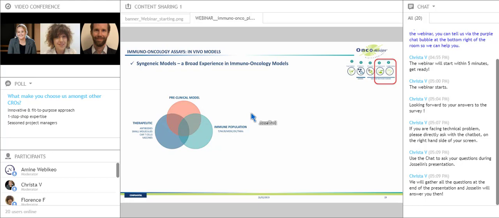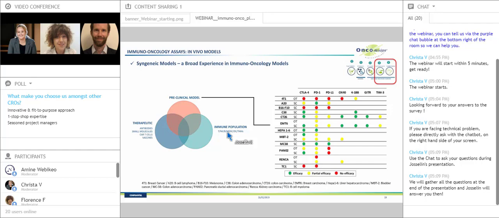And of course, the human population you want to assess and follow up during the process. So at Oncodesign, we have a broad experience in immunology models. I don't have a precise number, but I think we have dealt with hundreds and hundreds of different projects amongst the last 10 to 15 years.